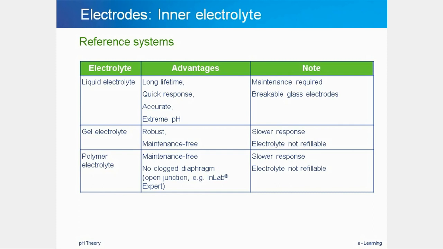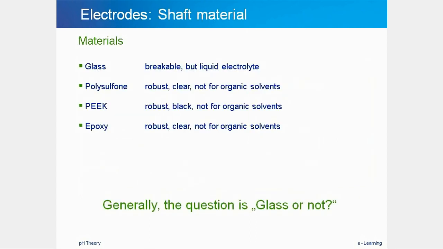But because of this, the electrode is robust too. The disadvantage of the gel electrolyte is that the electrode response is slower than for the liquid electrolyte, as it doesn't flow that fast. The third alternative is a solid electrolyte, which is also slow and cannot be refilled. This then also means that the electrode is maintenance-free and disposable, but that the diaphragm cannot be clogged up.